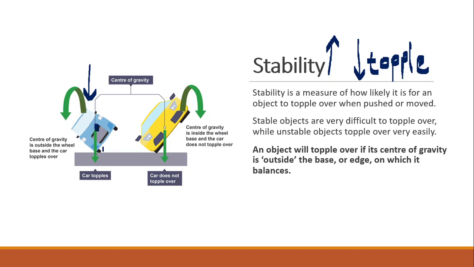So basically, the car was like this. This wheel over here was initially over here, and it went like this. The wheel over here was initially over here, and it went over here.